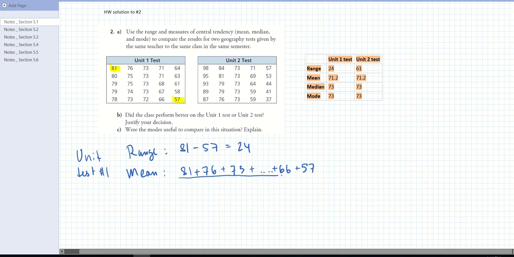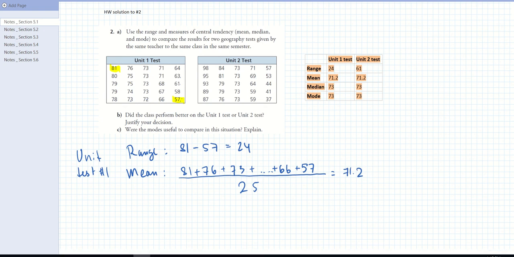Then you divide this by the total number of test scores. In this case, we have 1, 2, 3, 4, 5, and 1, 2, 3, 4, 5, so there are 25 in total. So you divide by 25, and you get your mean, your average, of 71.2.